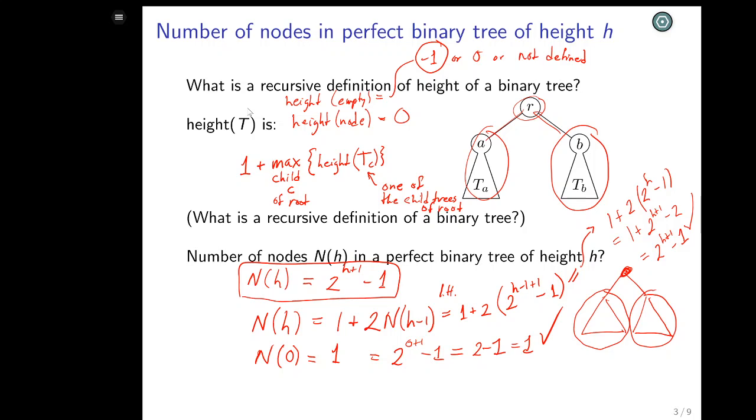But I think it was important for us to have the base case for a tree with one node, and important to have the base case for the tree with no nodes, the empty tree. But you don't need the one with one node, because the one with one node is just exactly a tree that has only empty children.